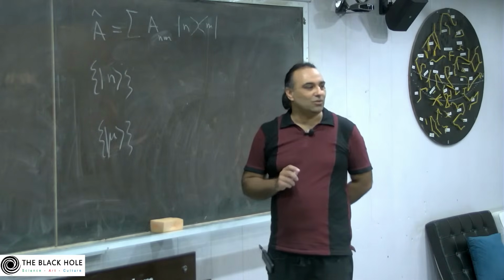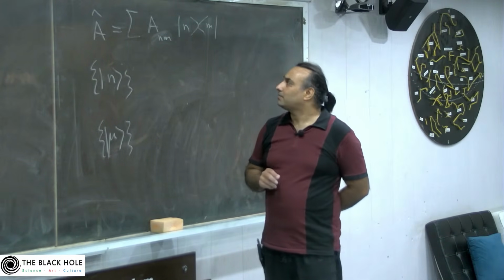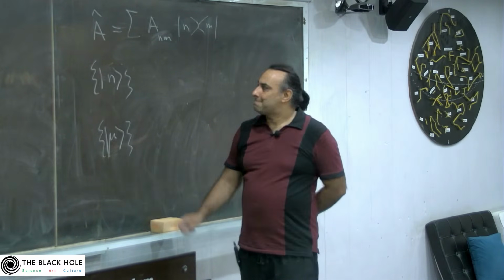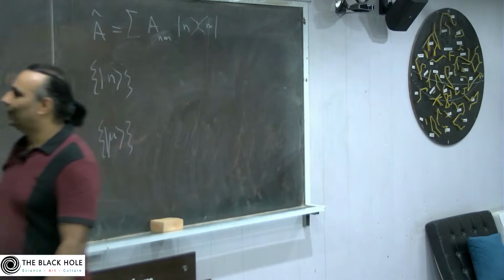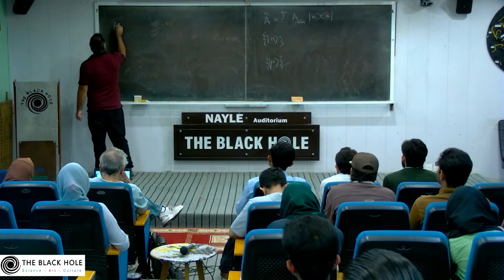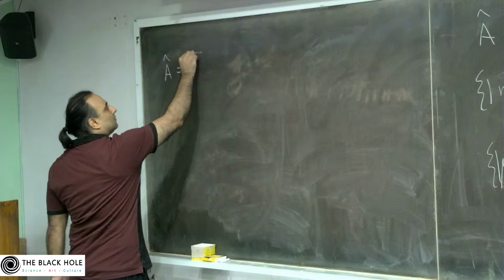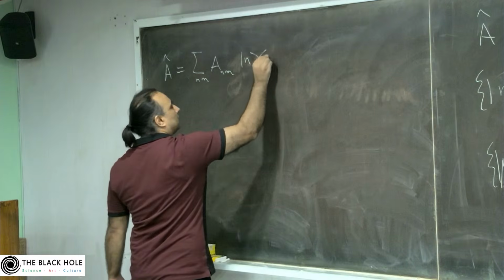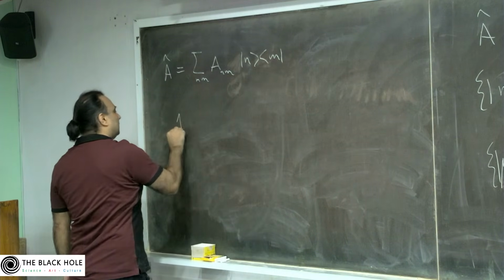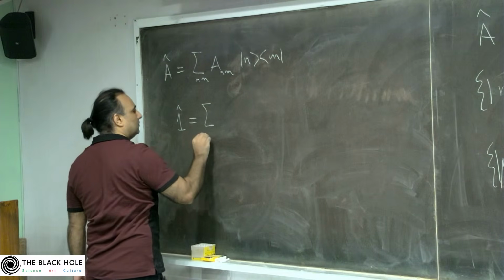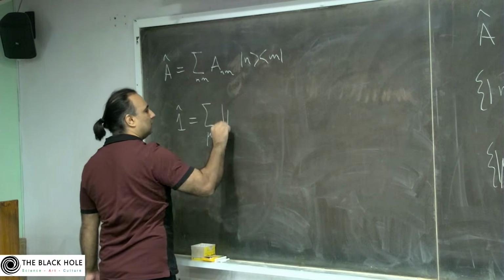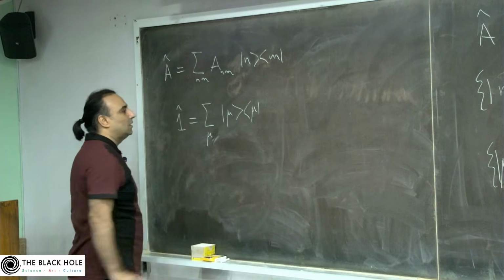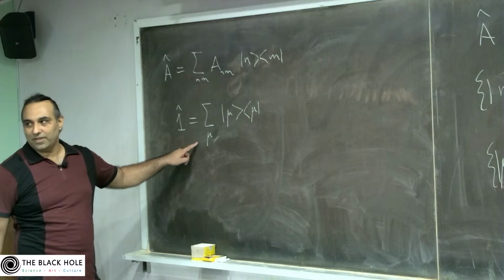So how to change this basis? That's the question. So what we can use is the resolution of identity in terms of these bases here. So it's like this is the resolution of identity in this basis.